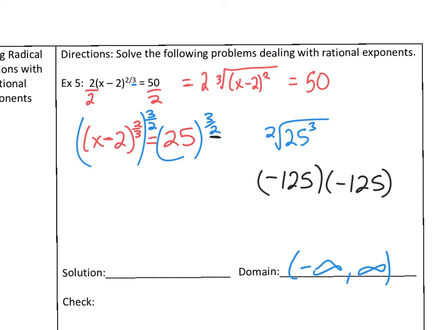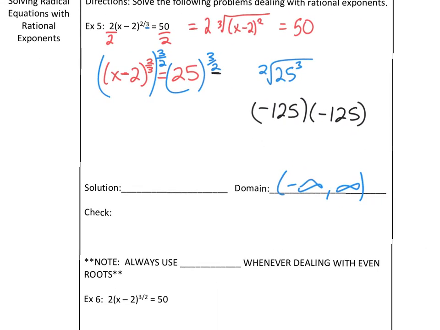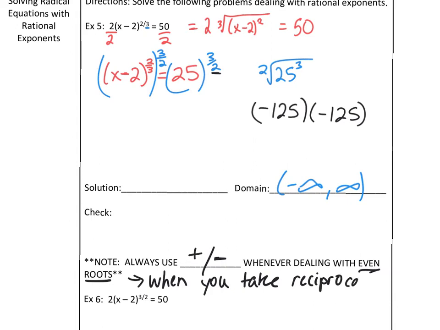So the way these are going to work, and what I need you to write down at the bottom, is that you always need to use plus or minus when dealing with even roots. When dealing with even roots. And those even roots are going to be when you take the reciprocal. So write that down. So if you take the reciprocal and the bottom of it is even, you're going to have to do a plus and minus.